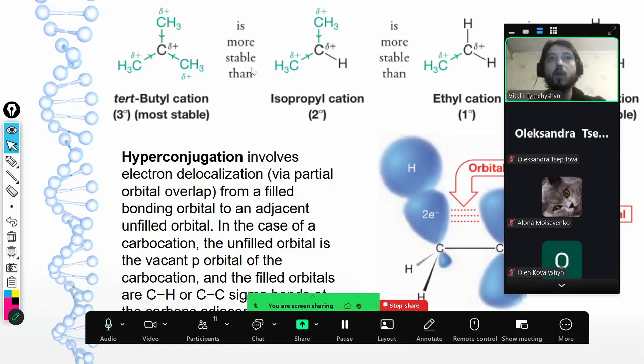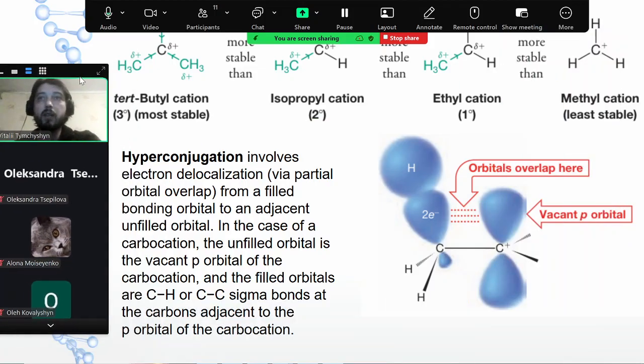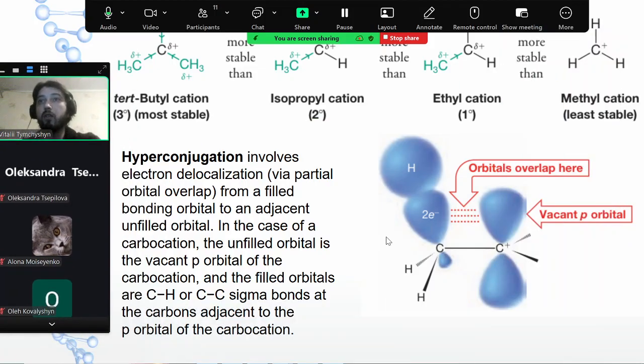Here is one more slide with this sort of hyperconjugation. It involves electron delocalization via partial orbital overlap from a filled bonding orbital to an adjacent unfilled orbital. And here are some images that show you this overlap between orbitals.